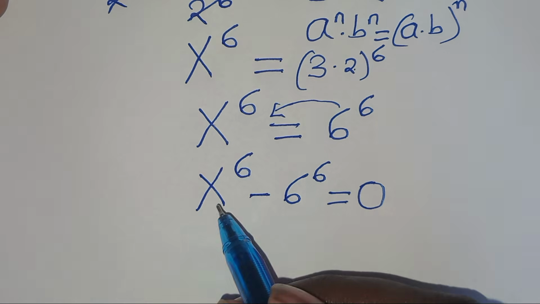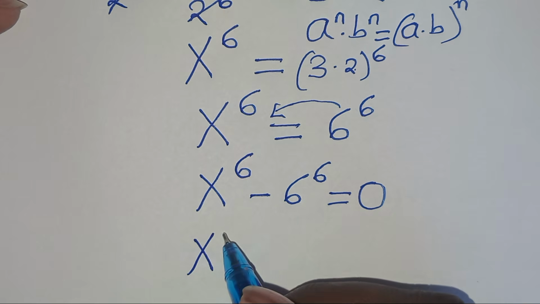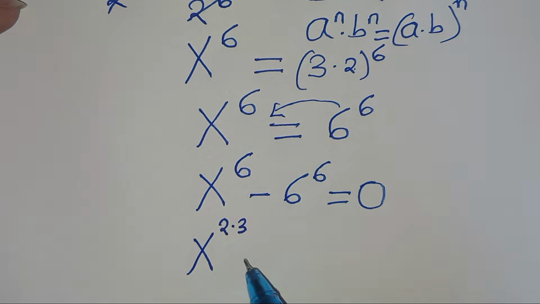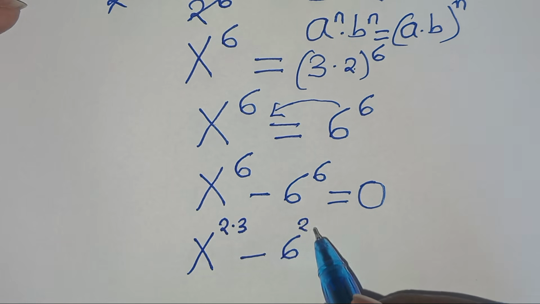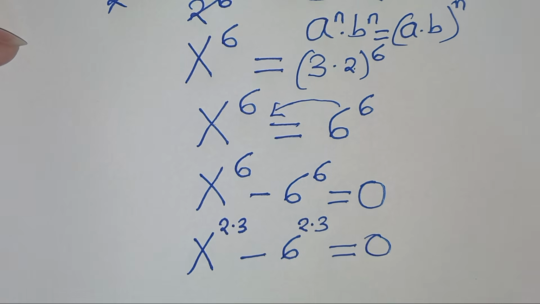Now we can express x^6 as x^(2 times 3), minus 6^(2 times 3), equal to 0.